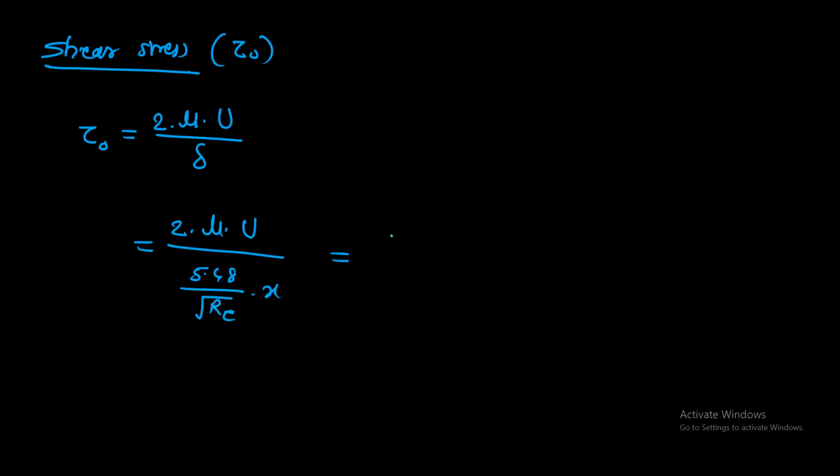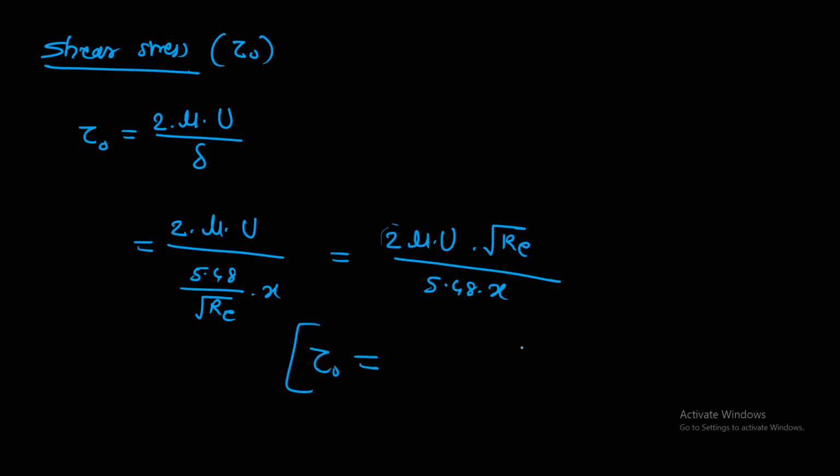So this is equal to 2 mu u into square root Re divided by 5.48 into x. Now you can simplify this value. So this is the equation for tau 0 in terms of Reynolds number.